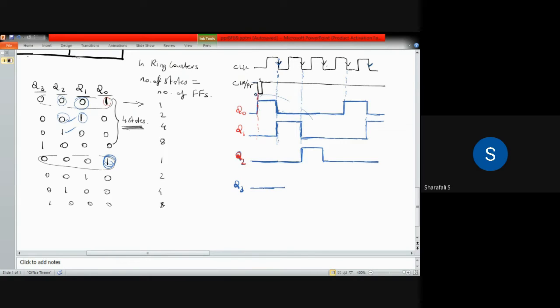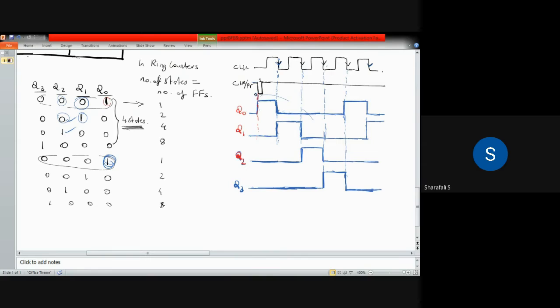it is almost always 0. But when the third edge comes, it is going to become 1, this one, and when this edge comes, Q3 is going to become high, and it retains that state until the next clock negative edge, and it will become 0 from there on.